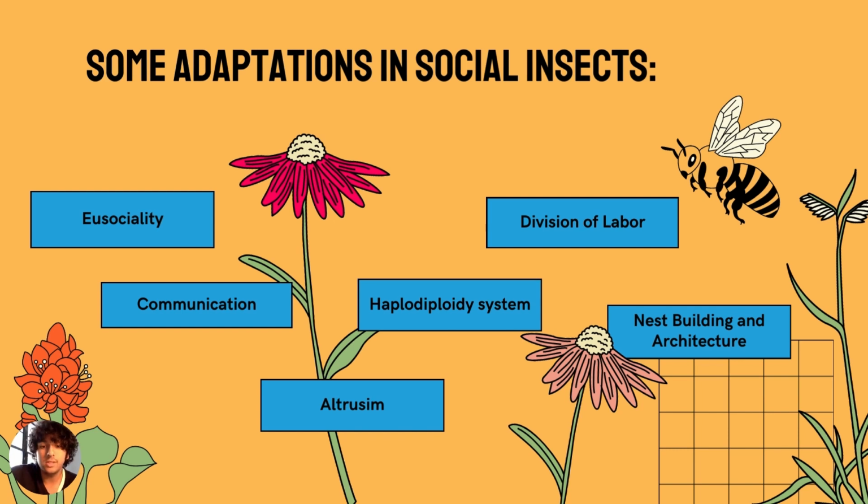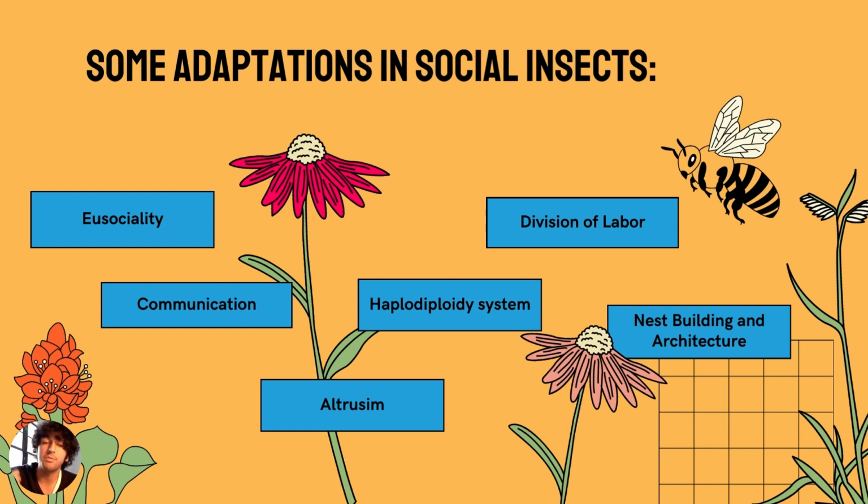Altruism, that I'm going to explain later, is also a really beautiful concept. Haplodiploidy system, that I'm going to talk about right now. Division of labor, as we just saw: there's a queen, the individual in charge of reproduction, and the vast majority are workers, who ensure the correct reproduction.